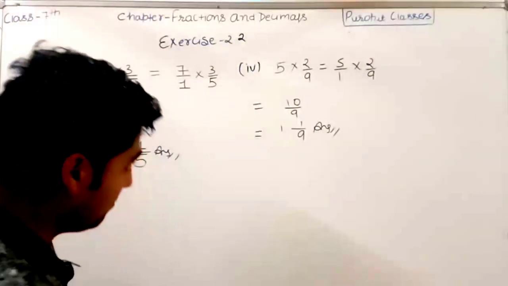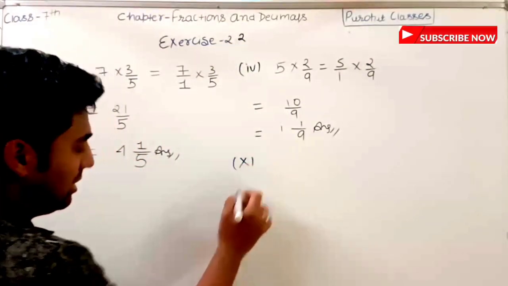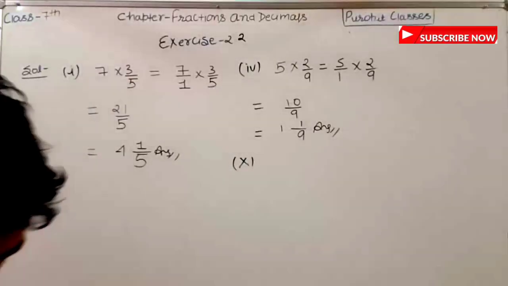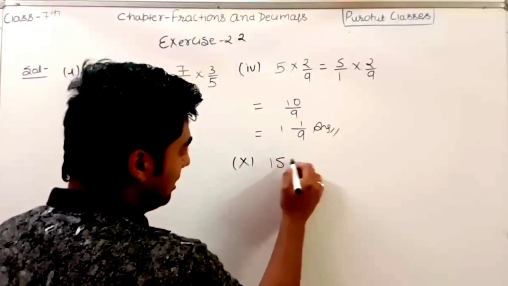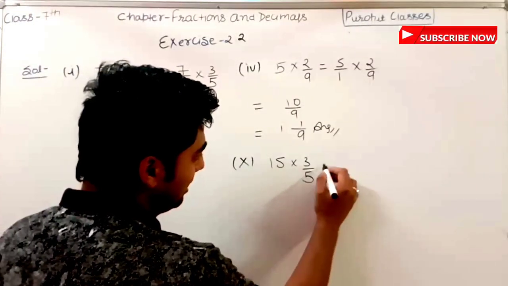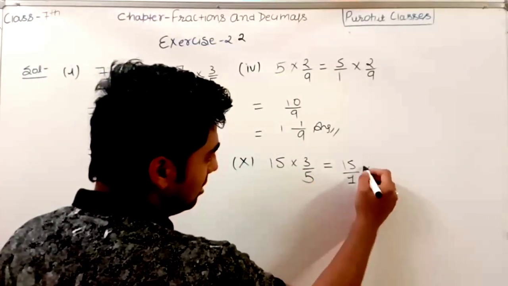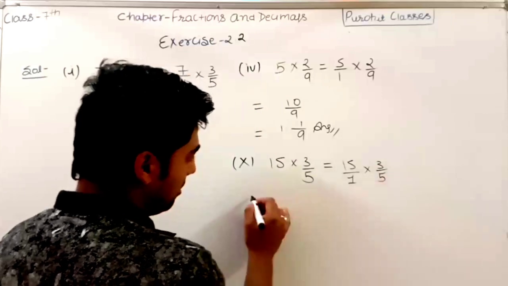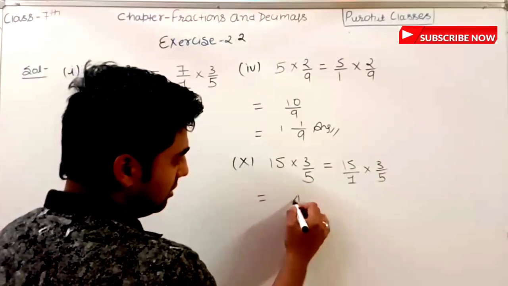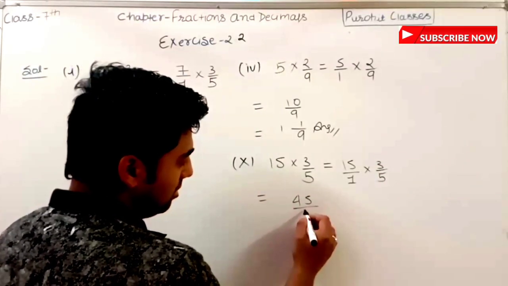One more part we have. I am doing part number 10 here, that is 15 multiplied by 3 by 5. Let me write the first one also as a fraction with the universal denominator, so this will be 45 by 5.